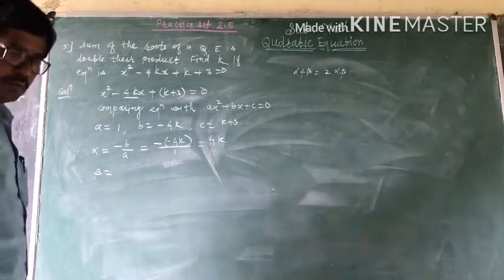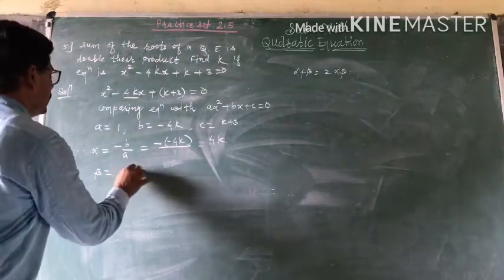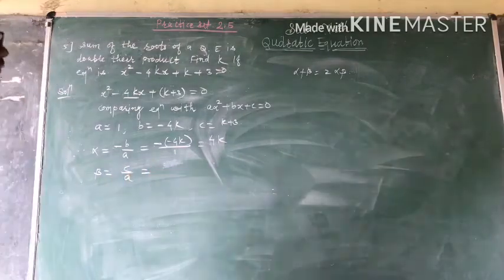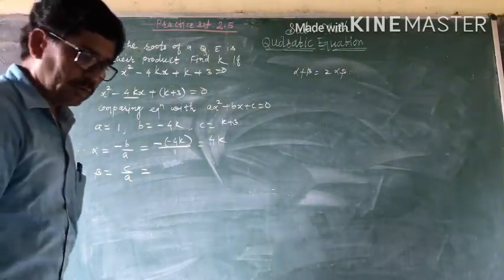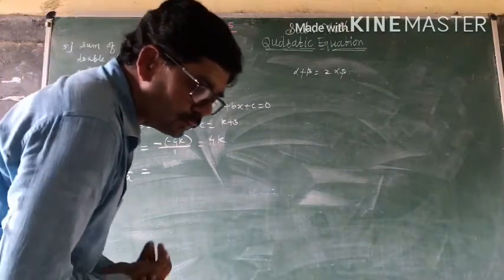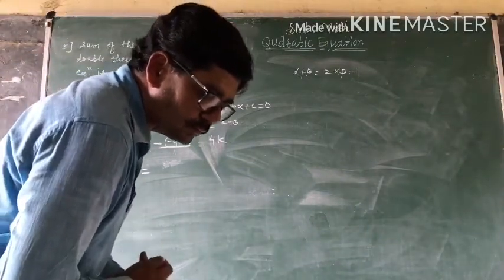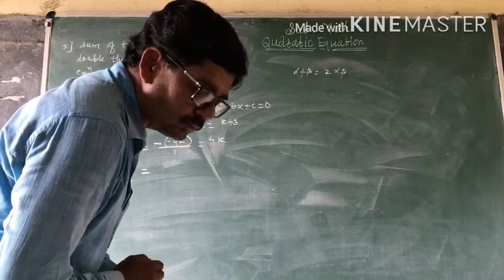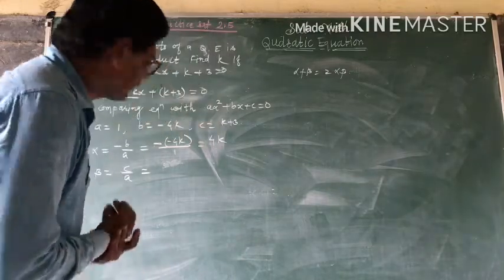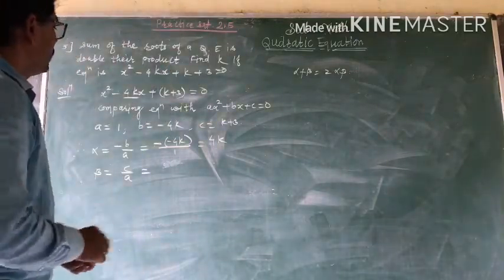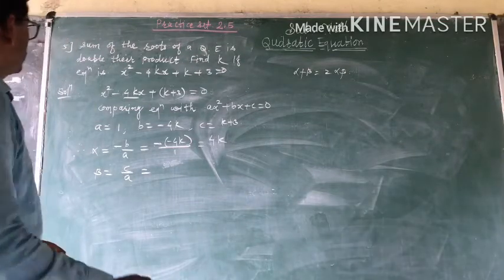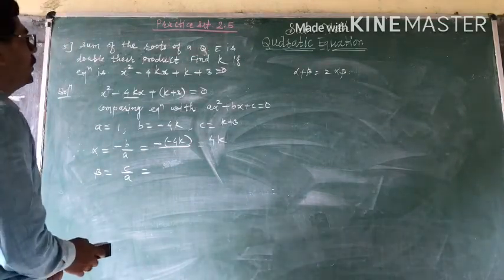Beta is equal to c upon a. We want here alpha plus beta.